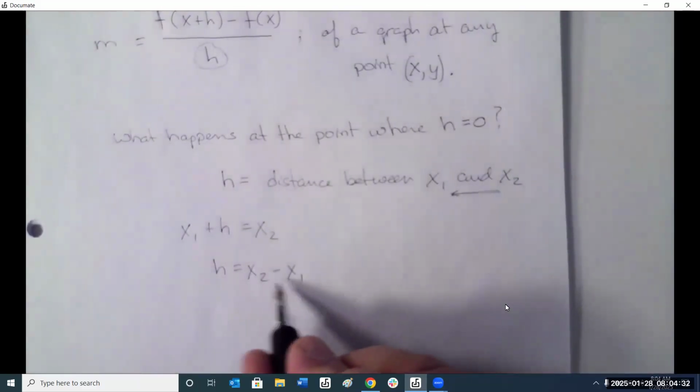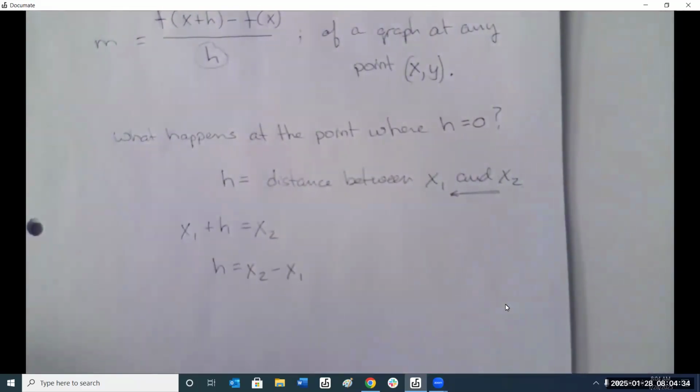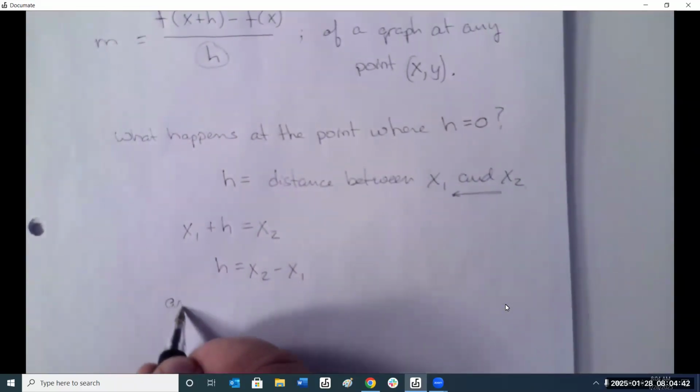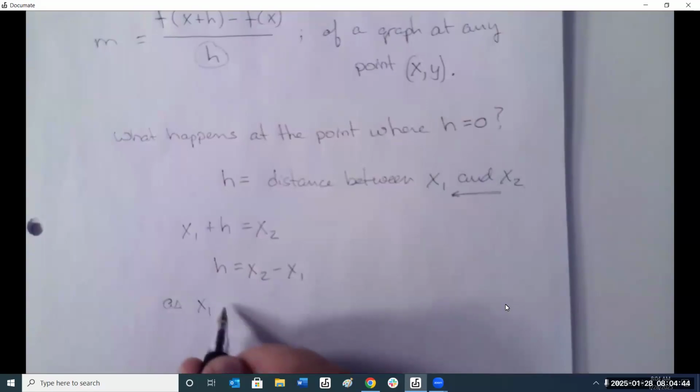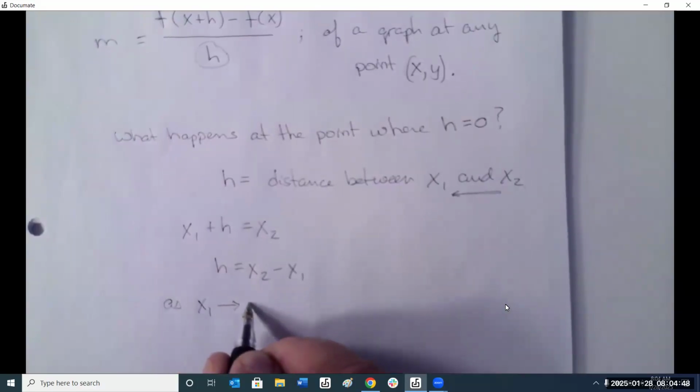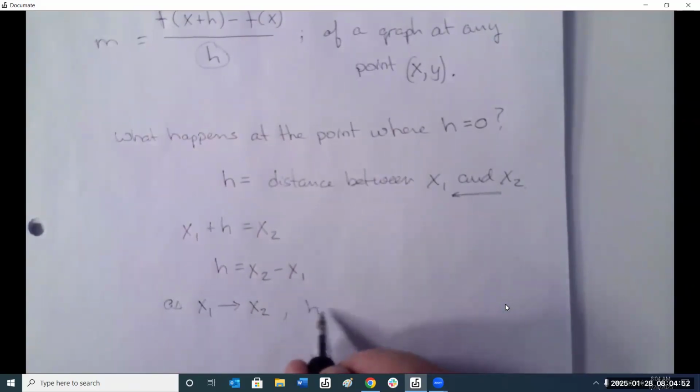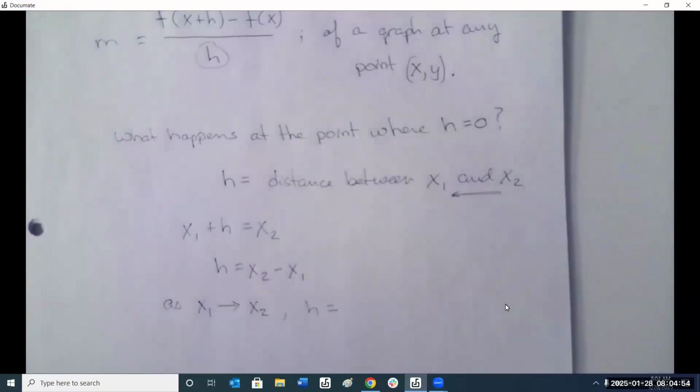So the closer x2 and x1 get to each other, what value does h get? As x1 gets closer to x2, what value does h get?